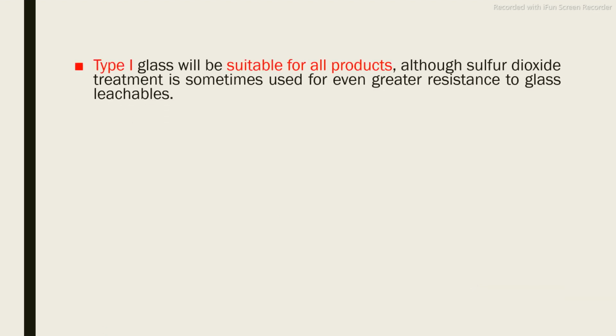Type 1 glass will be suitable for all products, although sulfur dioxide treatment is sometimes used for even greater resistance to glass leachables. So type 1 glass is useful for all types of parenterals, whether your parenteral is aqueous in nature, non-aqueous in nature, or whatever it may be. Whatever parenteral preparation you have, you can use type 1 glass.